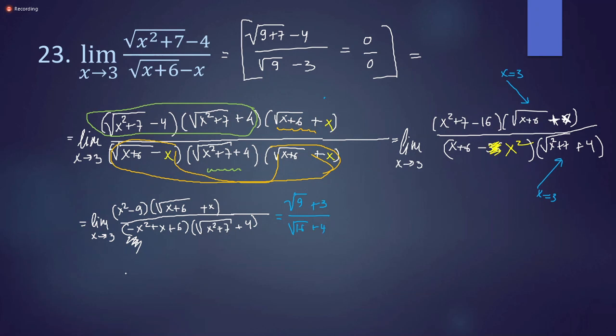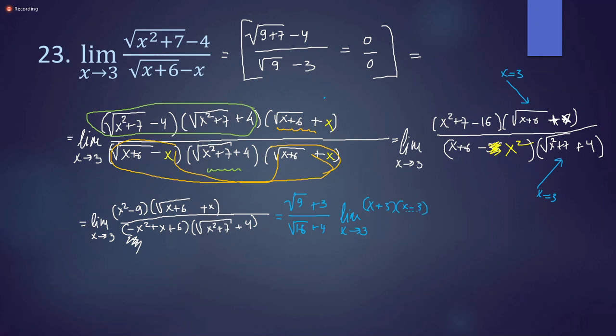And now inside the limit, what remains is x squared minus 9. I can factorize it easily, x plus 3, x minus 3, and this will be the bad, dangerous factor.